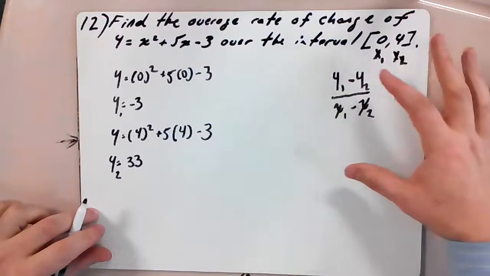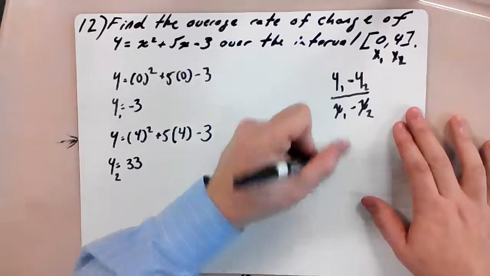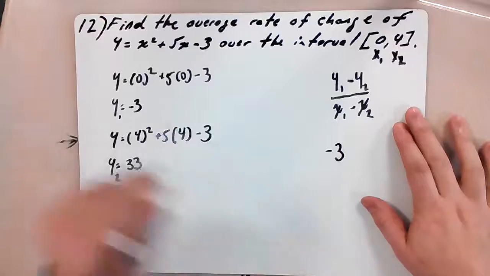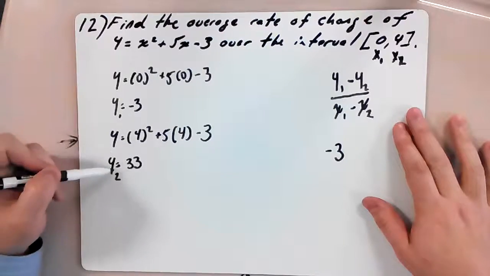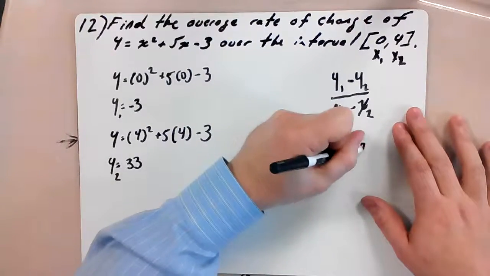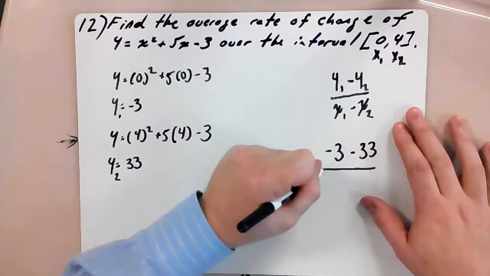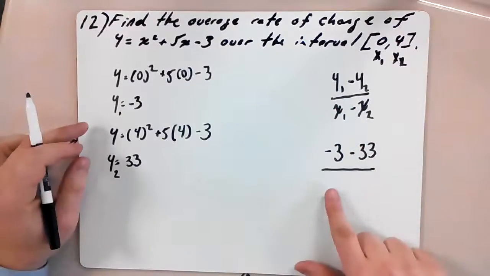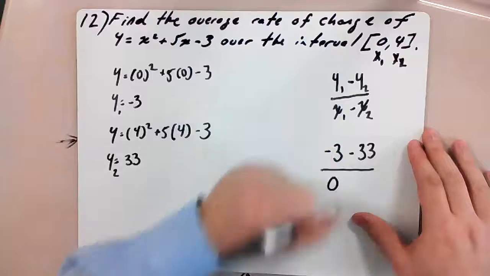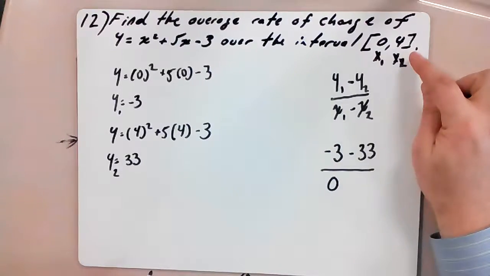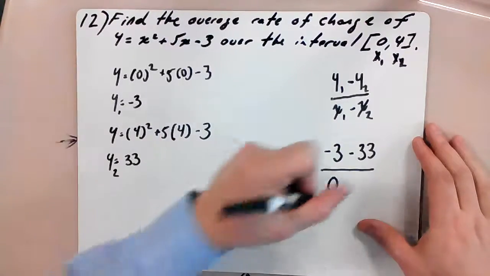Now I'm going to plug it into this formula. So y1 is negative 3. Then y2 is 33. x1 is 0. Then x2 is 4.